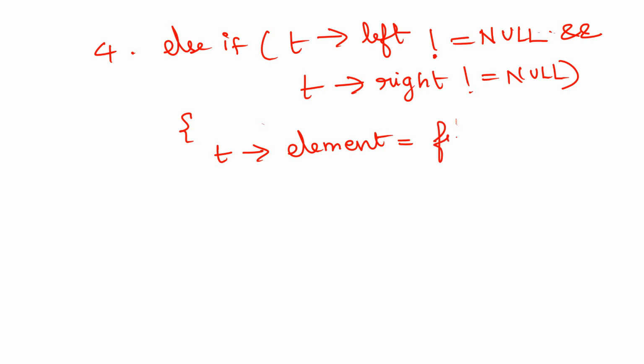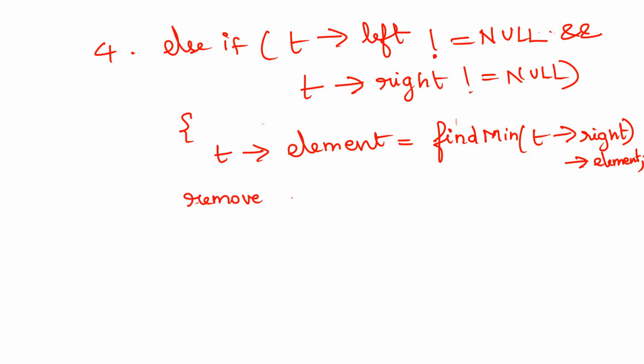So find the minimum of t of right of element. And then I need to detach that particular element from the right subtree. I have to replace it with the deleted node. So remove the t of element from the right subtree, that is t of right.